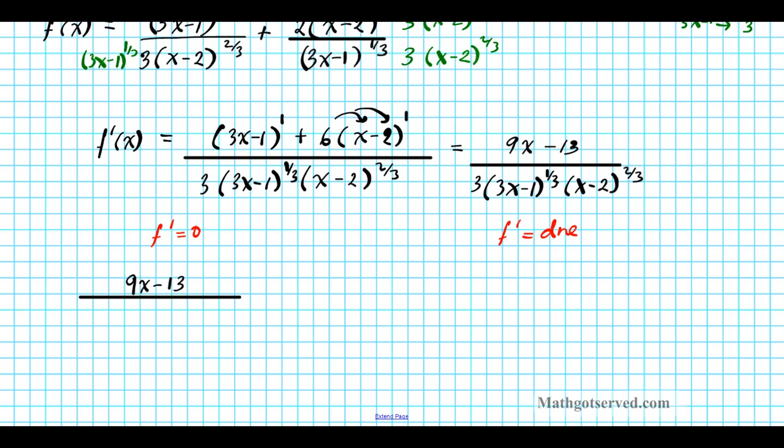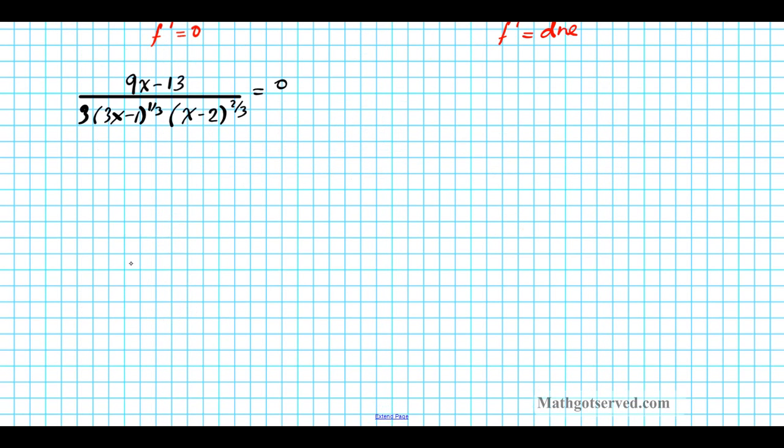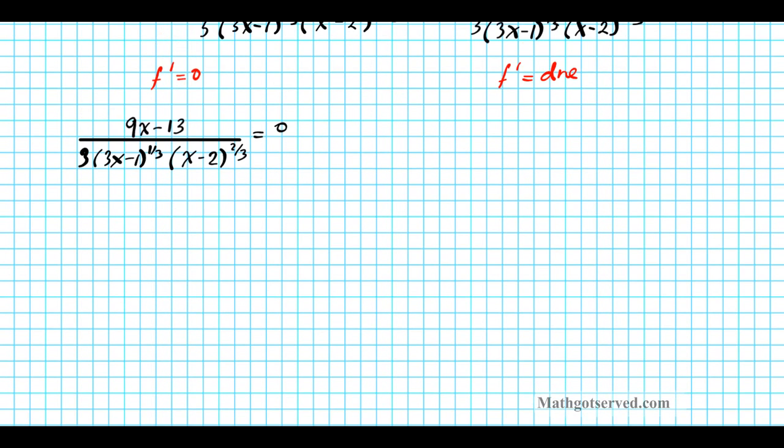The numerator, 9x minus 13, equals 0. If you solve for x, you have x equals 13 over 9.